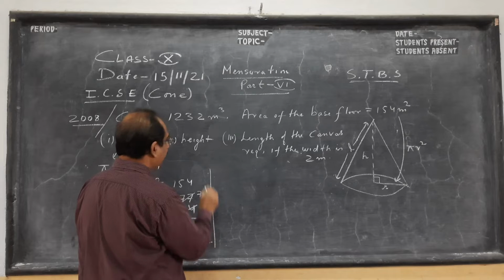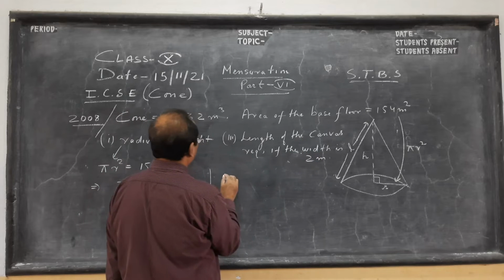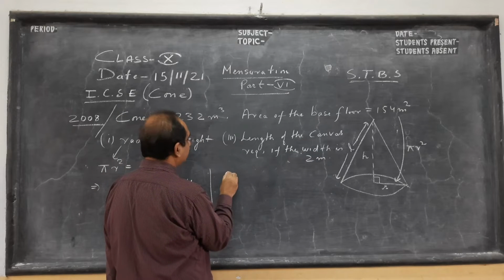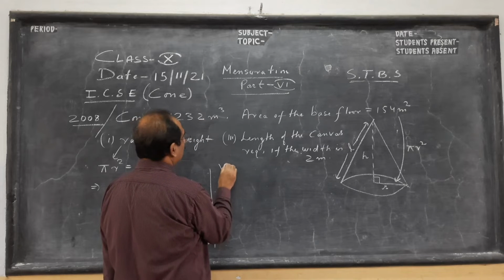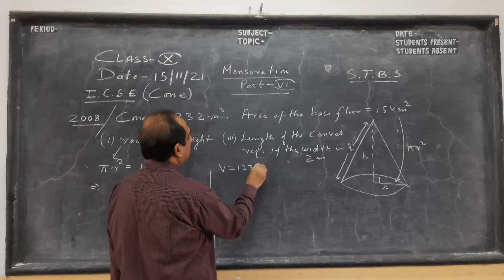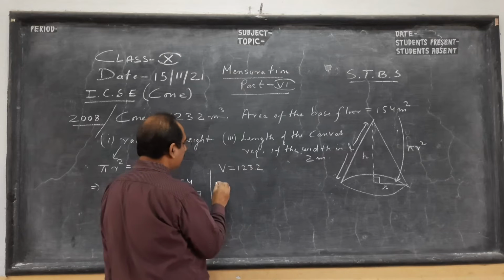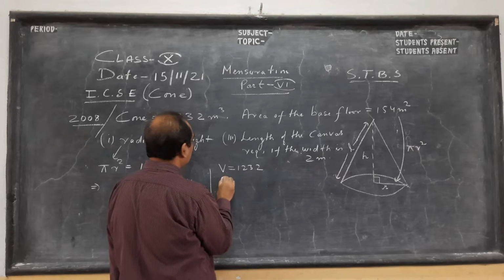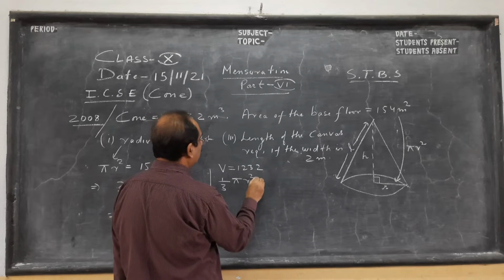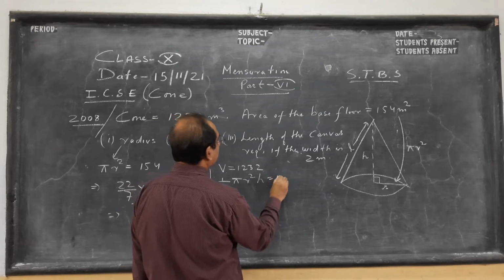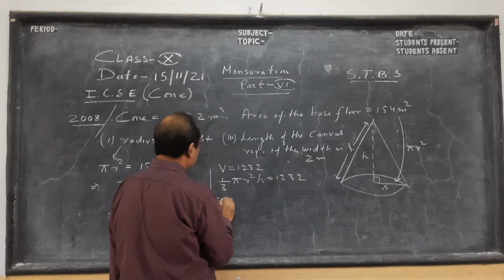Next we have to find the height. Let the height be h. We know the volume is 1232 cubic units. So 1/3 pi r square h is 1232.